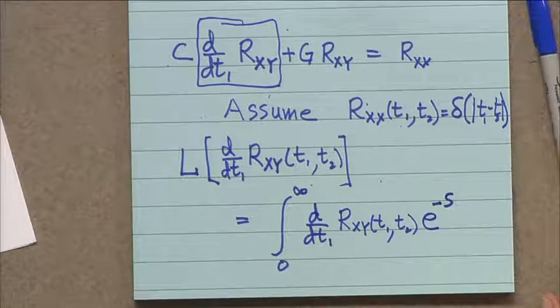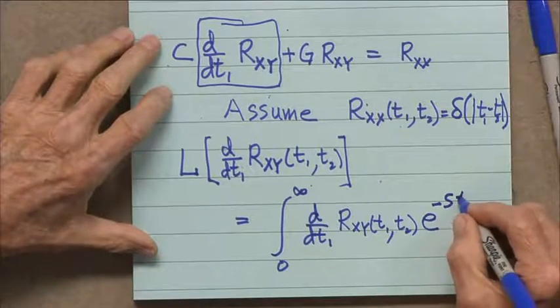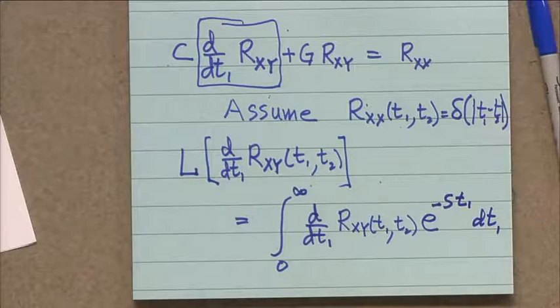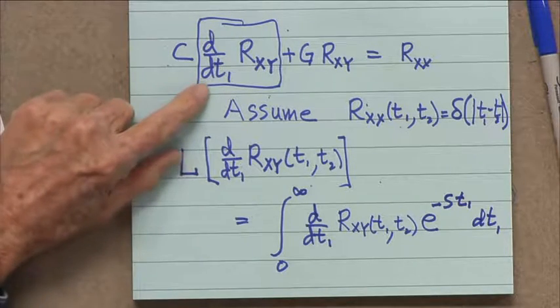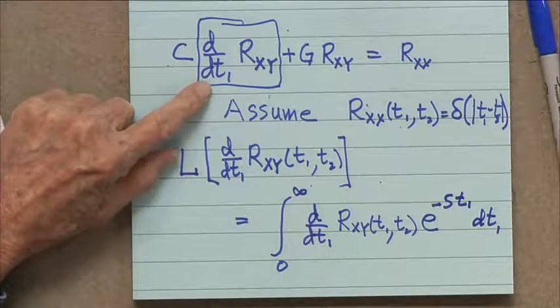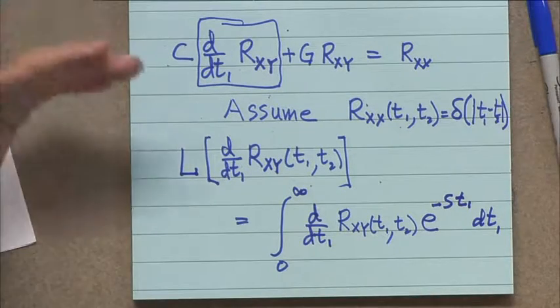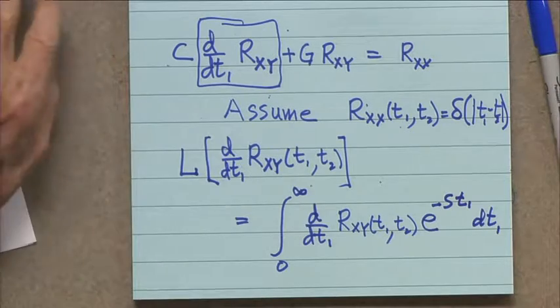Here's where you need to be careful. We're taking the Laplace transform with respect to the t1 time, not t2 time, because our differential equation is defined in terms of t1. Call it t or whatever.